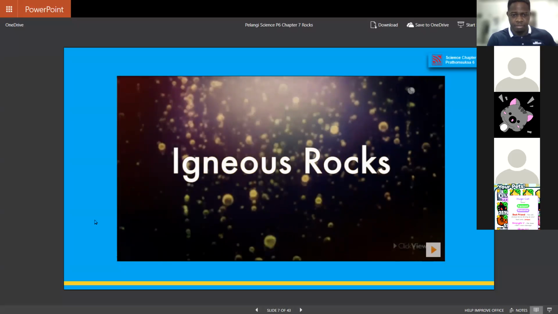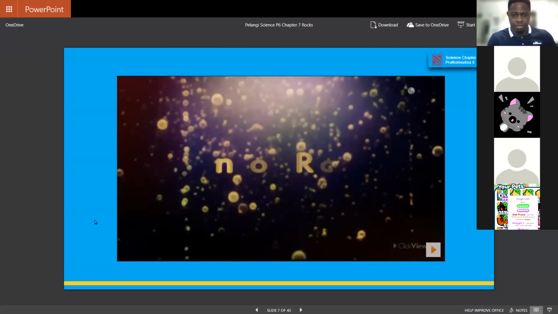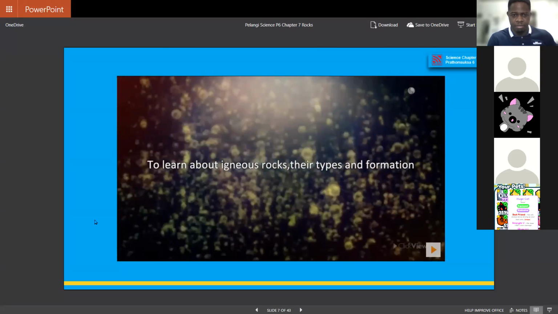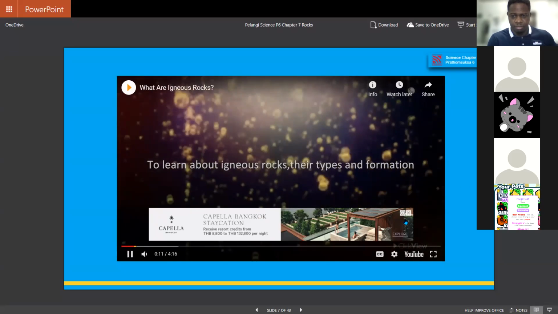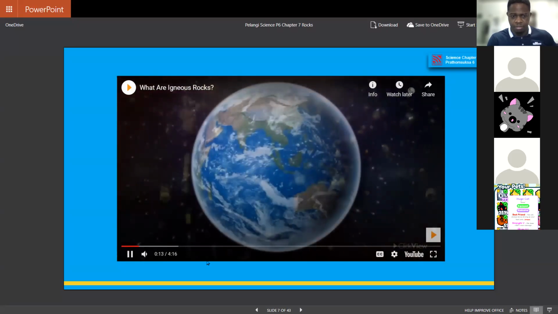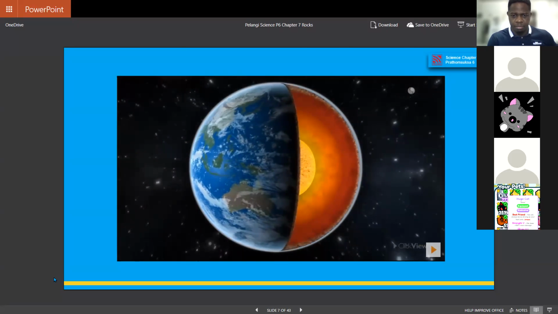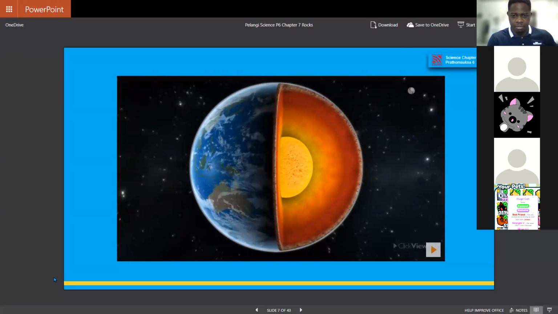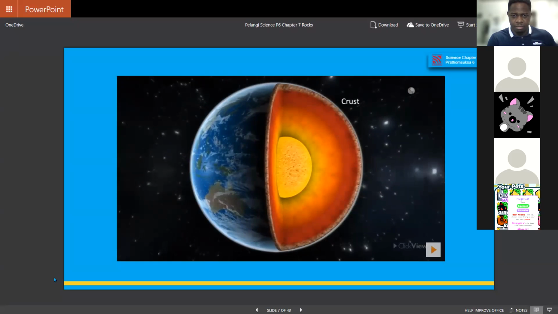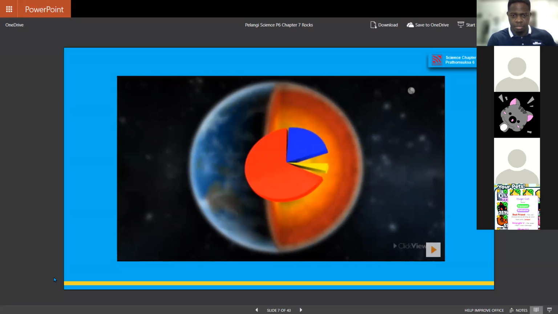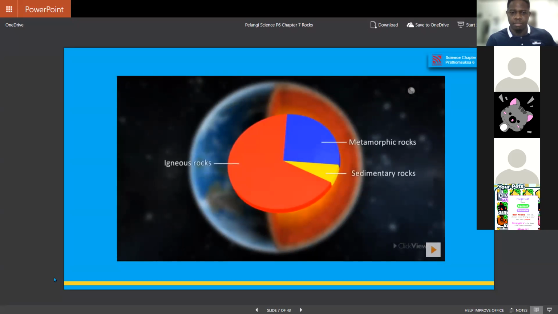Igneous rocks. Objective: to learn about igneous rocks, their types, and formation. The Earth's crust is made up of different types of rocks. The rocks which make up the maximum volume of the Earth's crust are called igneous rocks.